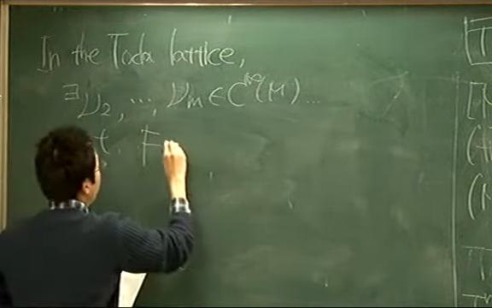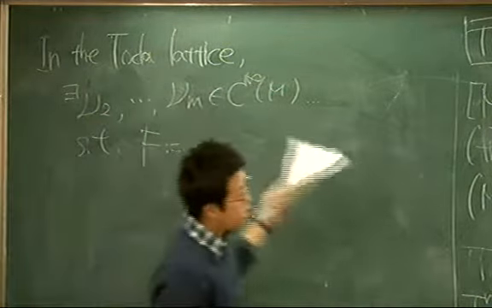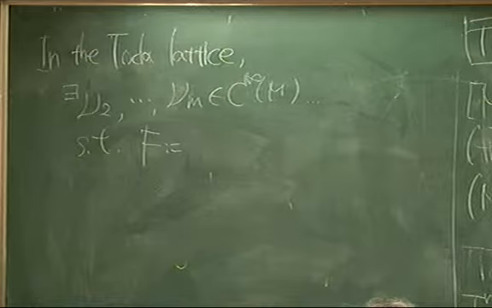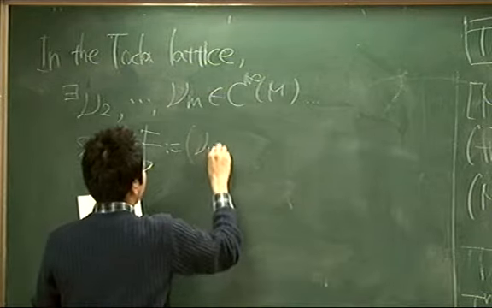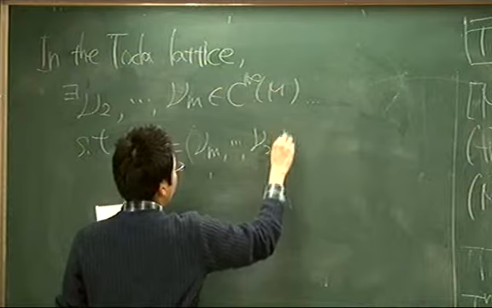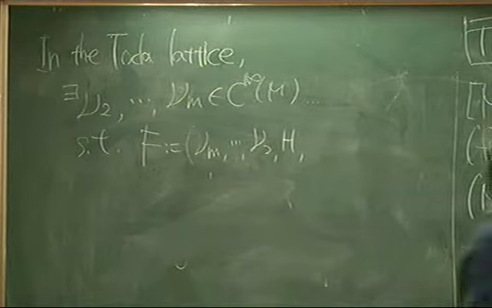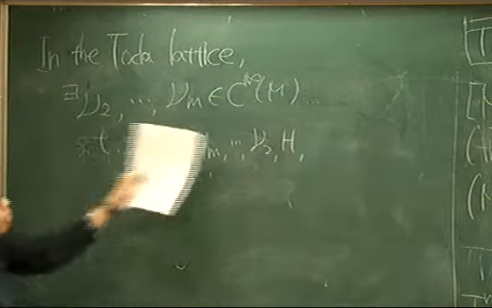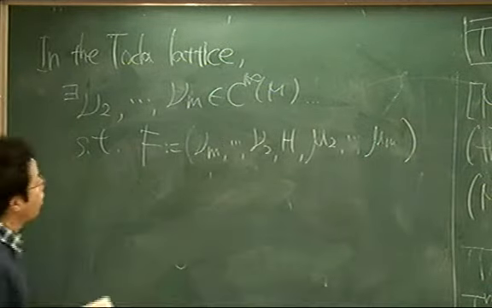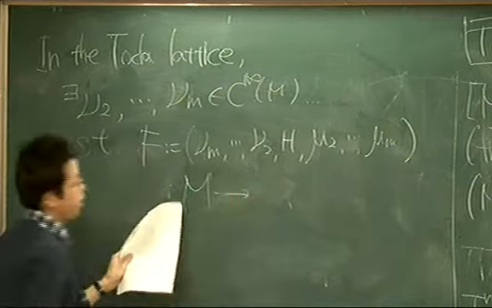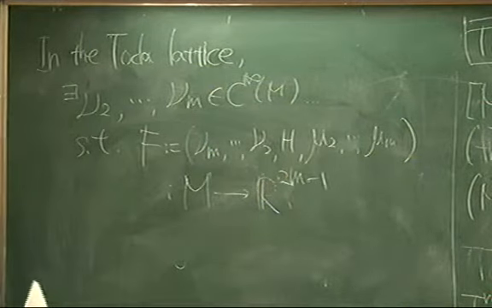If we define a map F by these extra functions nu and the original functions mu as component functions, then this is a map from the original manifold to a (2m minus 1)-dimensional Euclidean space.